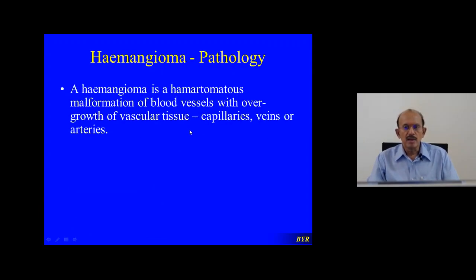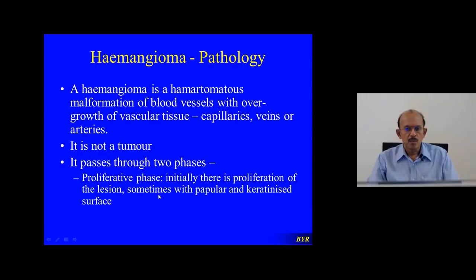Hemangioma. A hemangioma is a hamartomatous malformation of blood vessels with overgrowth of vascular tissue. The overgrowth may be capillaries, veins, or arteries. It is not a tumor. It passes through two phases. Proliferative phase: initially there is proliferation of the lesion and sometimes with papillary and keratinized surface.